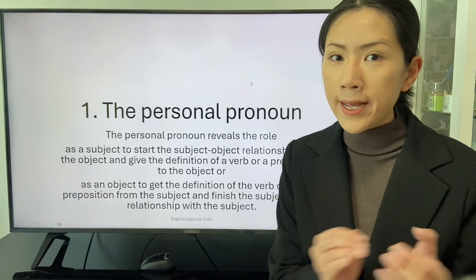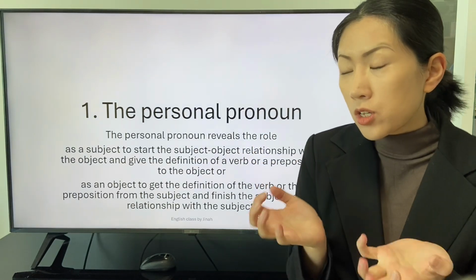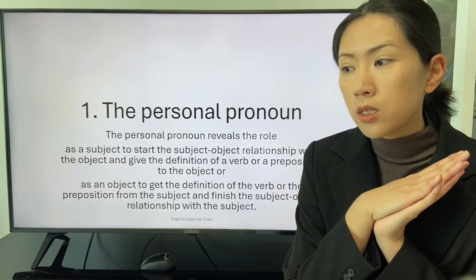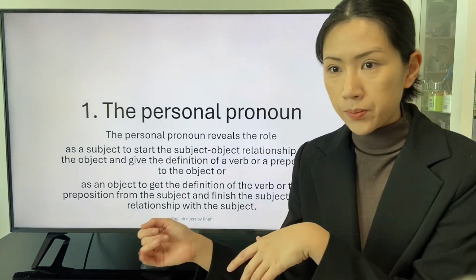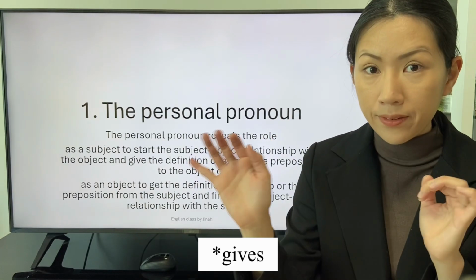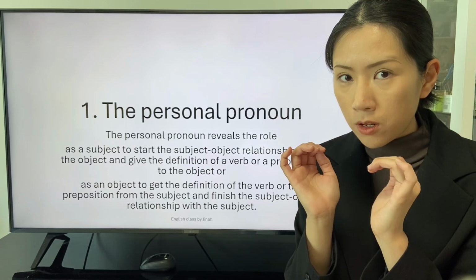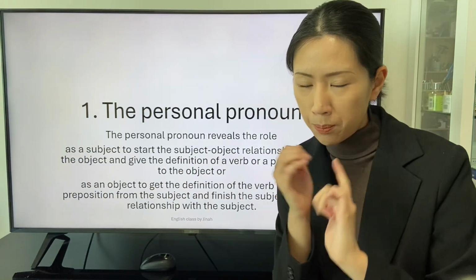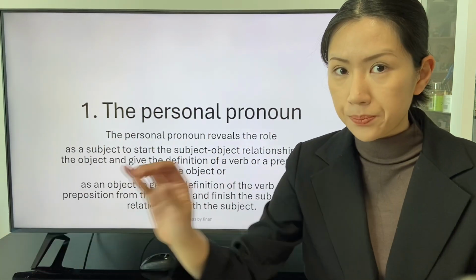The role as a subject is that the subject starts the relationship between the subject and the object, and the definition of the description by a transitive verb or a preposition to the object.